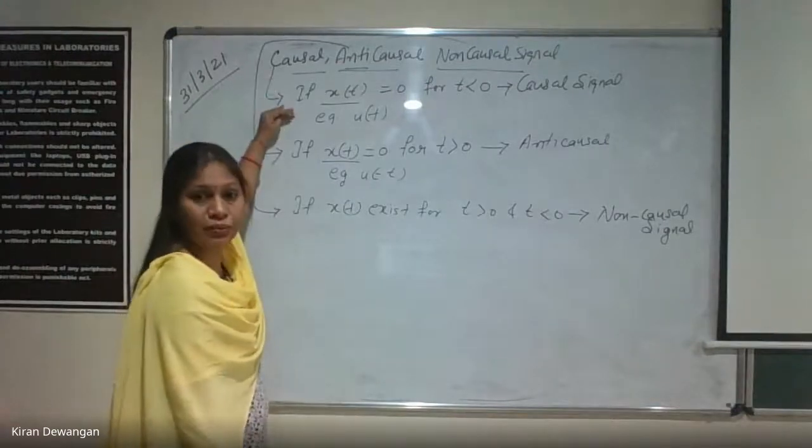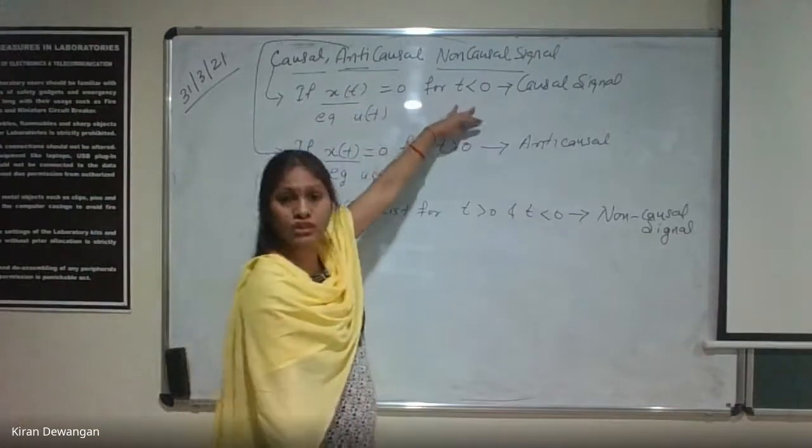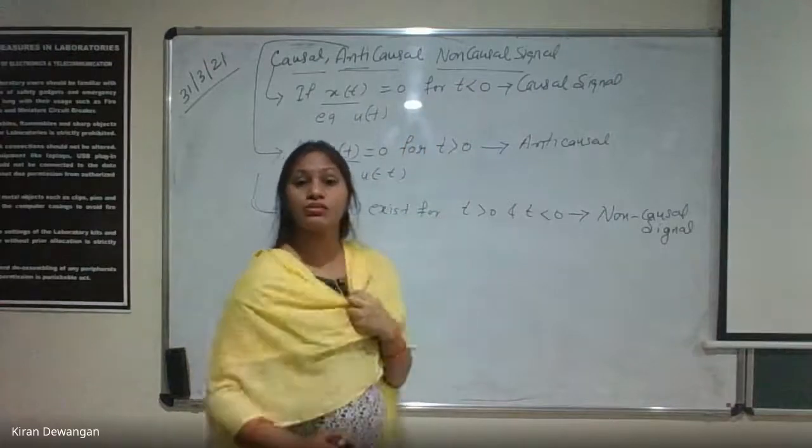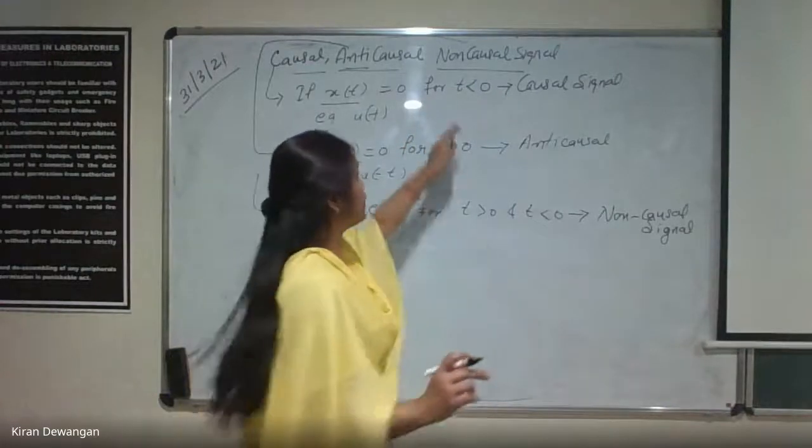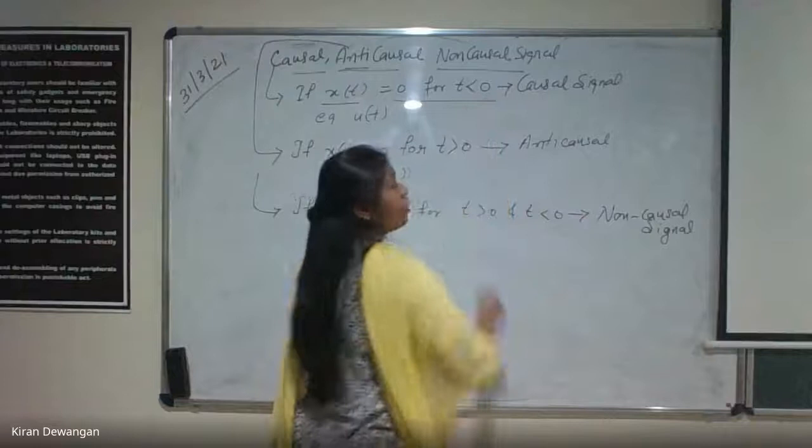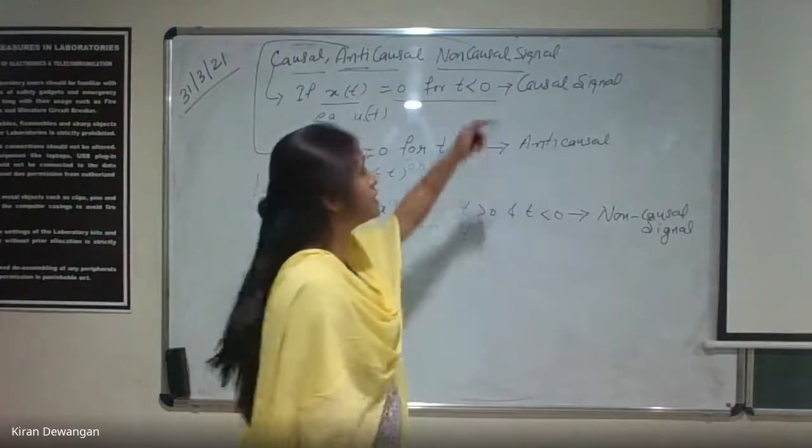Causal is very simple: if x of t exists only for positive values of t, that is, it is 0 for all negative values of t, then it's a causal signal.